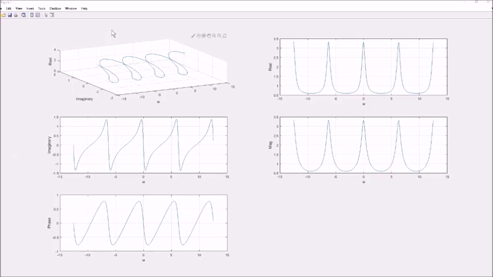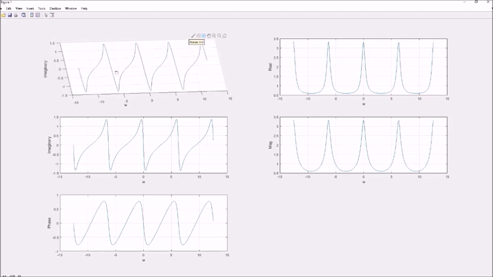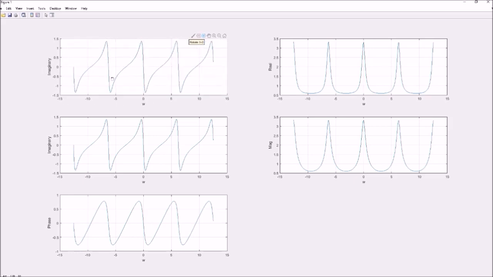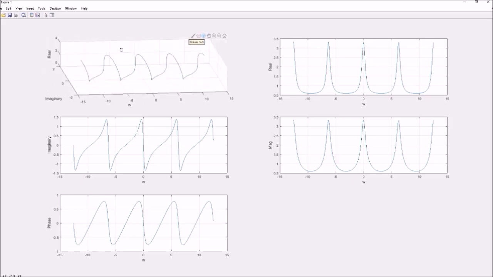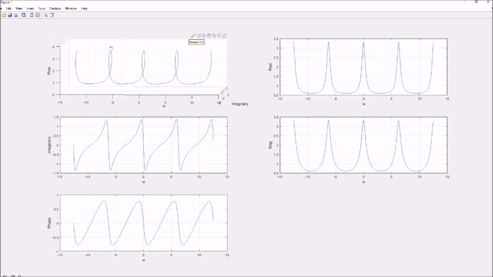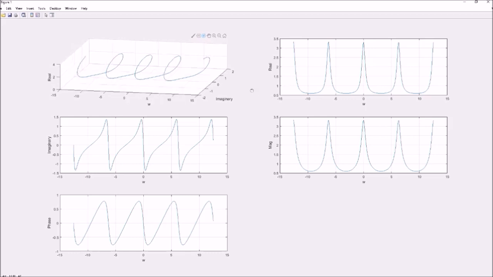So this is actually in MATLAB, so you can see here that we can take the three-dimensional function, and if we turn it round we can produce the purely imaginary plot, and you can produce the purely real plot by turning it to the real axis. Okay, so that gives us the real and the imaginary, and from those we can generate the magnitude.